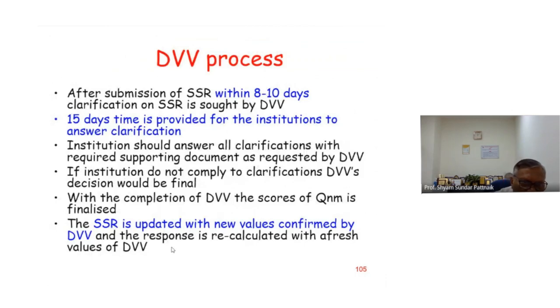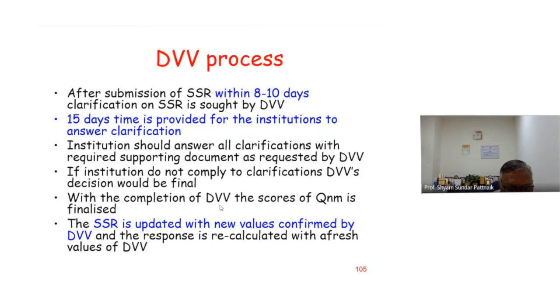After submission of the SSR, within 8 to 10 days, clarification of the SSR is sought by the DVV. 15 days' time is provided for the institute to answer the clarifications. The institute should answer all clarifications with the required supporting documents as requested by DVV. If the institution does not comply with the clarifications, DVV's decision would be final.